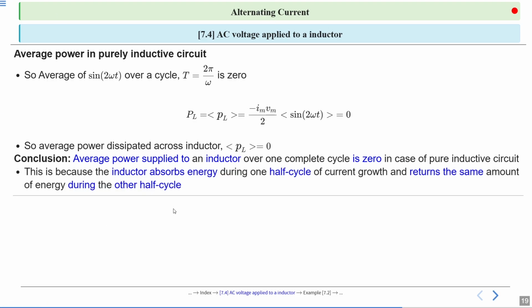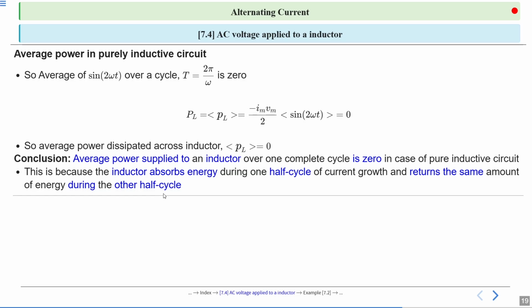What is the reason? This is because the inductor absorbs energy during the half cycle of current growth. When current grows in the circuit, it will absorb energy, and returns the same amount of energy during the other half cycle. When current is increasing through the inductor, the magnetic field produced by the inductor will increase.